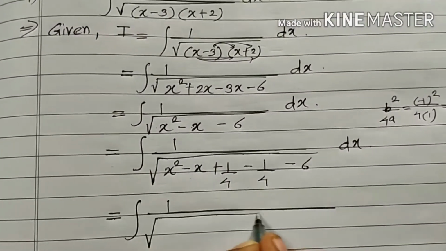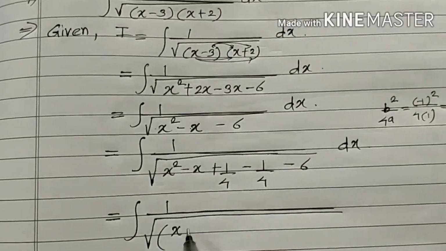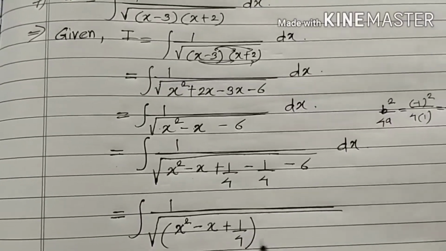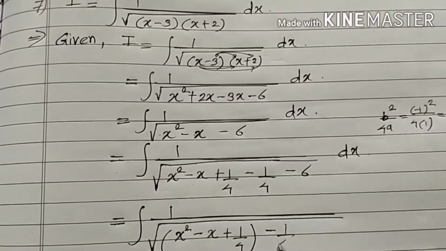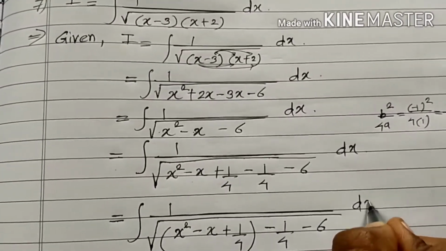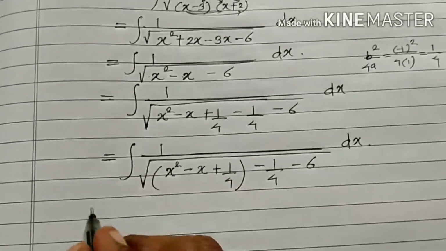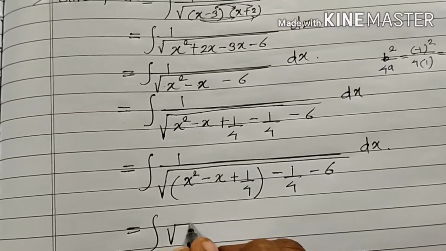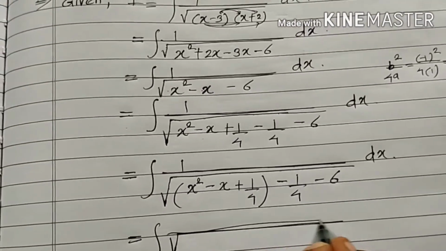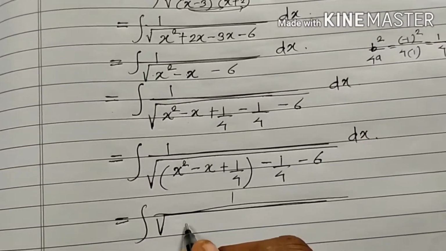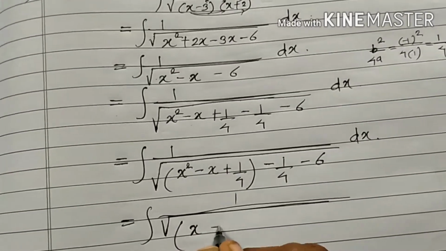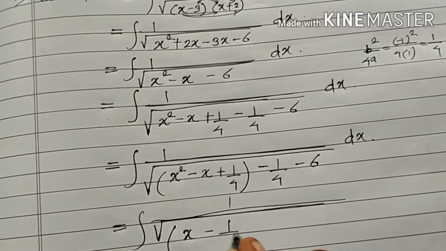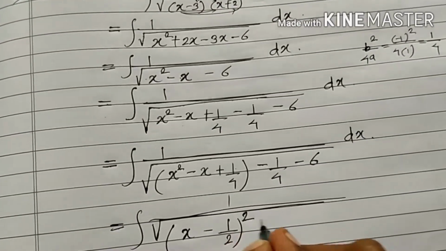Now next, take it in one bracket. So it is x square minus x plus 1 by 4, and this is minus 1 by 4 minus 6, into dx. Now next, this is the square of x, this is the sign minus, this is the square of 1 and this is the square of 2, so it is a whole square.